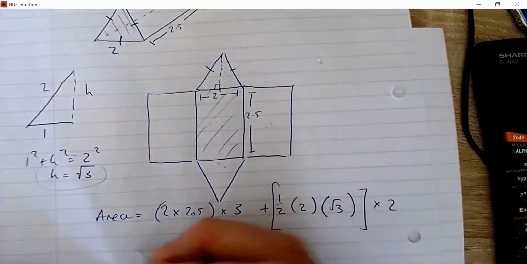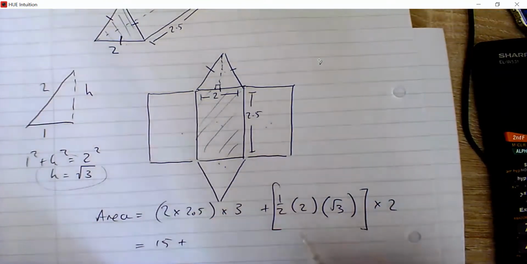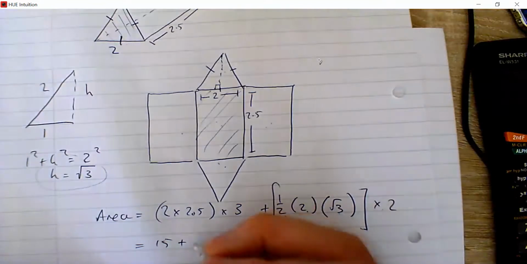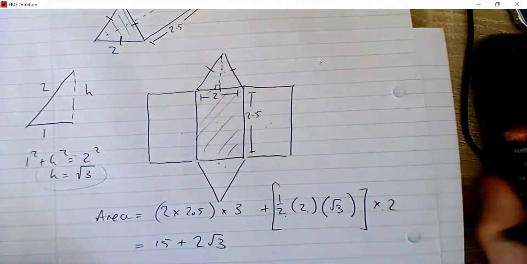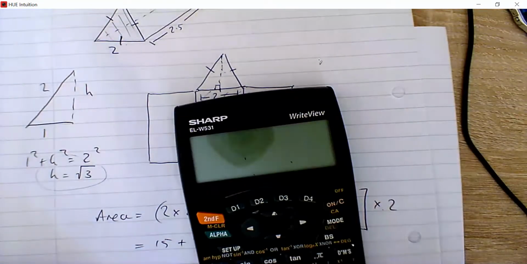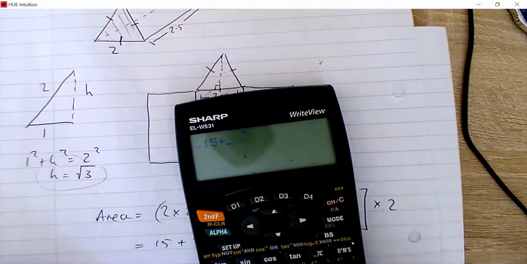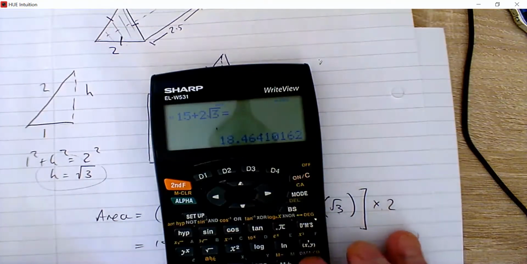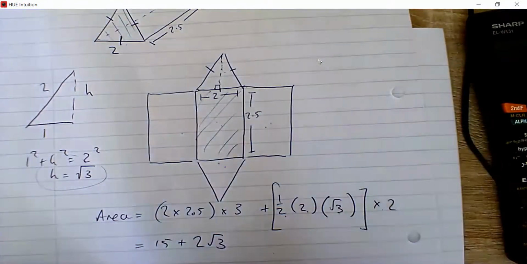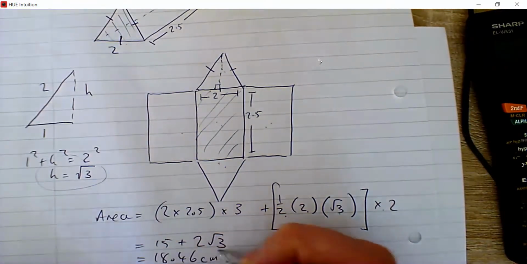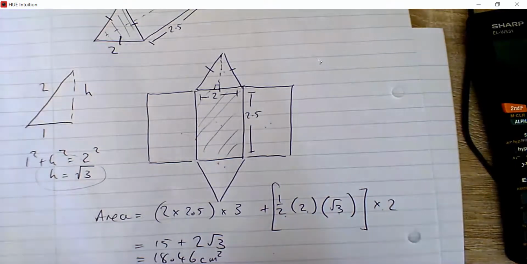So that is 5 times 3 is 15, plus 1 root 3 by 2 is 2 root 3, and 15 plus 2 root 3 is 18.46 centimeters squared. That is the surface area.